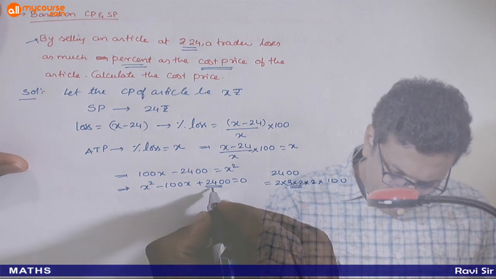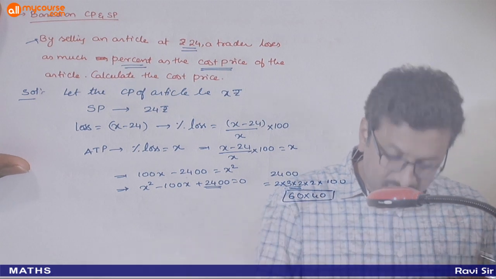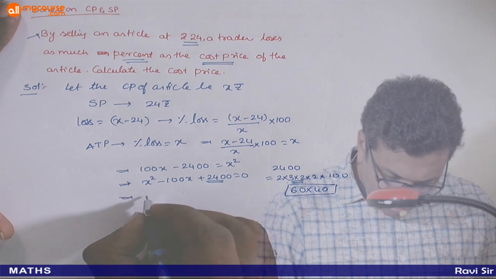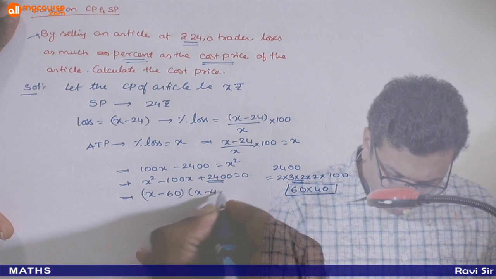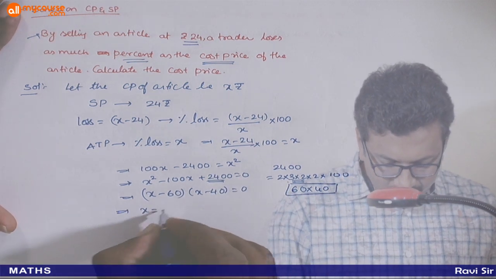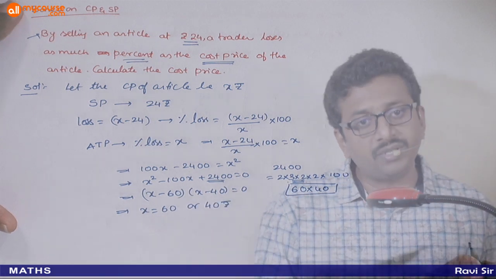So 60 into 40. 60 into 40 is 2400, 60 plus 40 is 100. So this is (X minus 60) into (X minus 40) is equal to 0. That means X is equal to either 60 or 40 rupees.